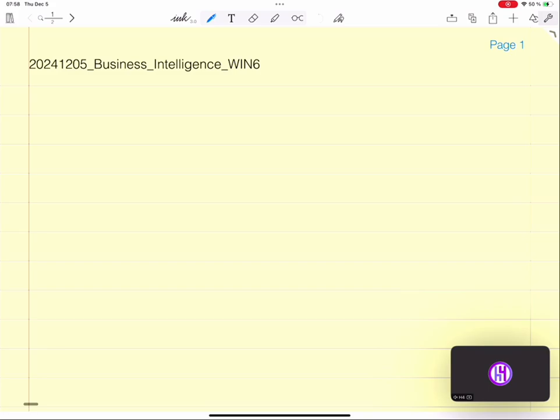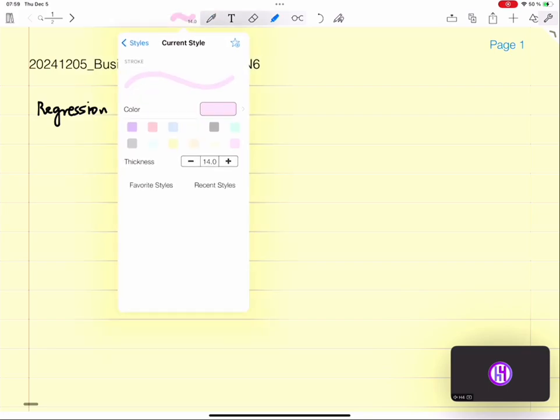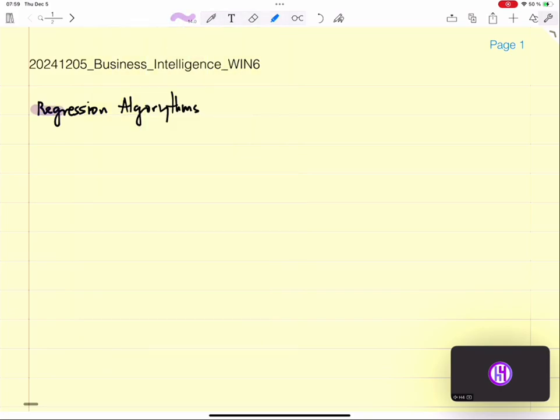Today we will look at regression algorithms. This regression task aims to make predictions based on data.